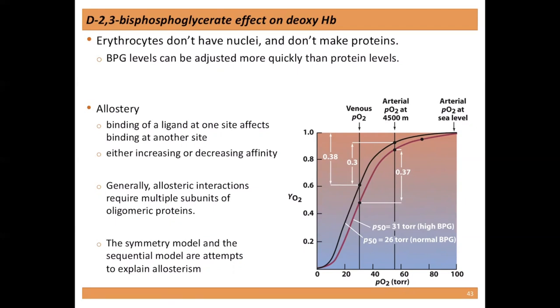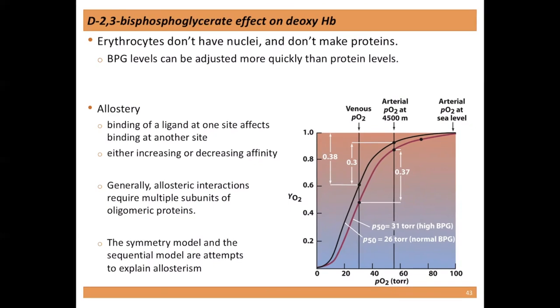Generally, allosteric interactions require multiple subunits of an oligomeric protein. And there are ways to try to explain this allosterism: the effect of one subunit on the other. Like I said, we'll pick up a lot of this when we actually get into specific enzymes.